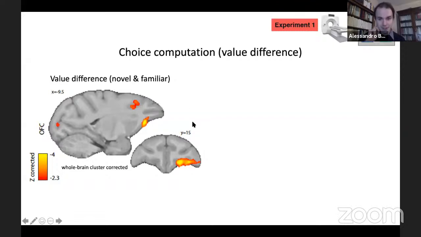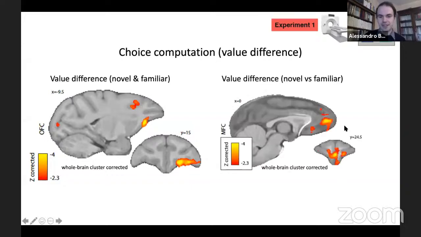However, now we do another contrast, which is value difference in novel trials minus value difference in familiar trials. So we see whether the two different types of trials activate the brain differently. And we see that they do so in medial frontal cortex. So in OFC, the effect is similar for familiar and novel, but in MFC, the effect is maximally different between novel and familiar choices.